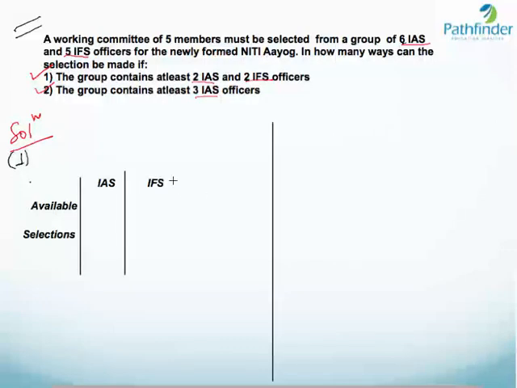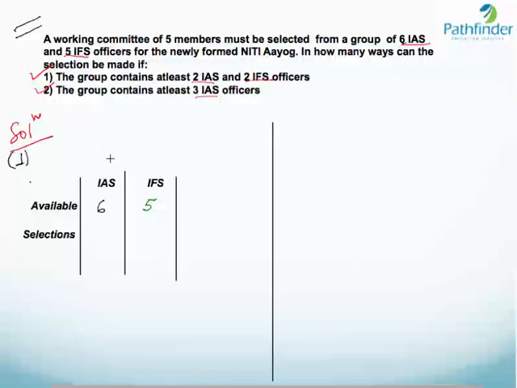What is the number of officers available to us? The IAS officers are 6 as given in the question, and the IFS officers are 5. Once again, this information has been given in the question.